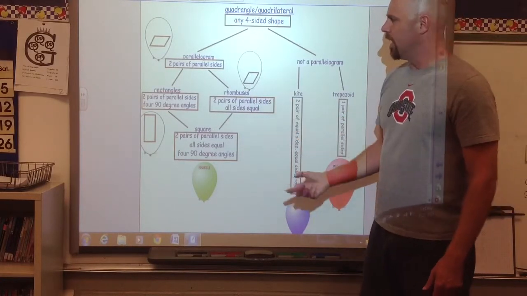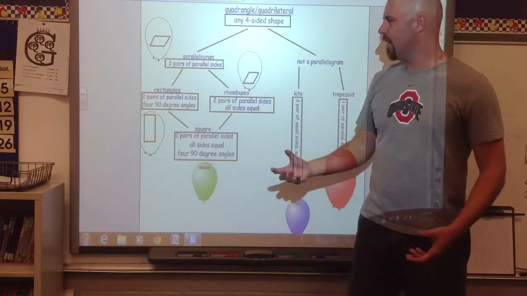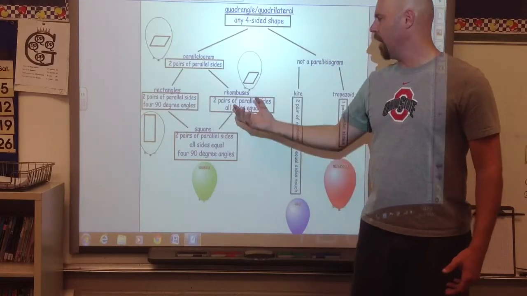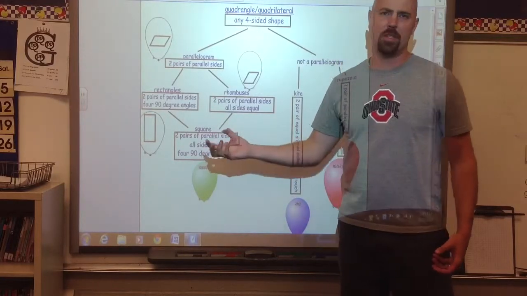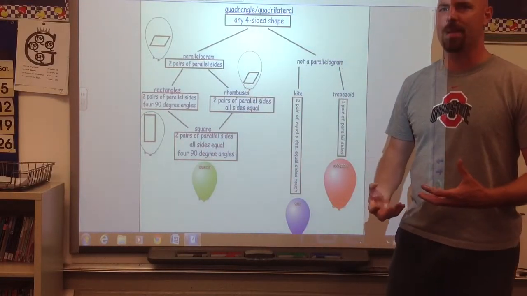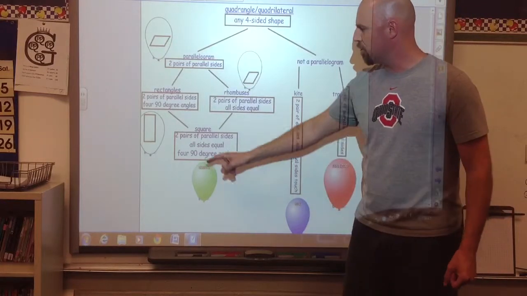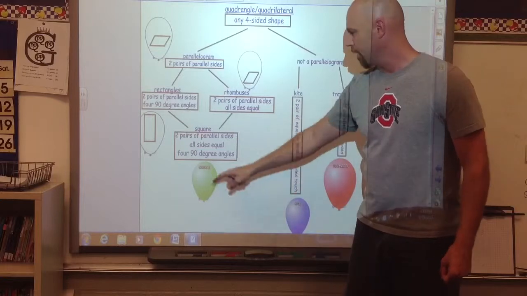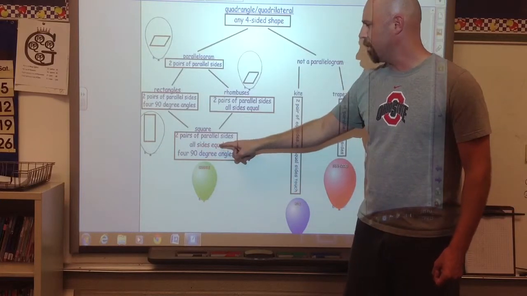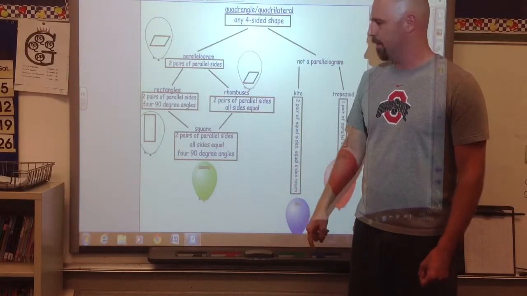Okay? Now, we talk in class, we say, let's pretend that the rectangle's the dad and the rhombus is the mom. If they had a baby, the baby would be square because that baby square has all the rules of mom and dad. So if you look here, it has two pairs of parallel sides, just like mom and dad do, but all sides equal. It only got that part from its mom's side.